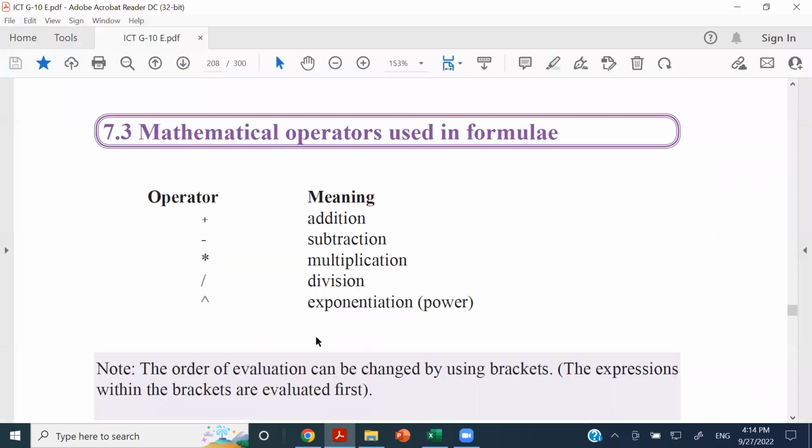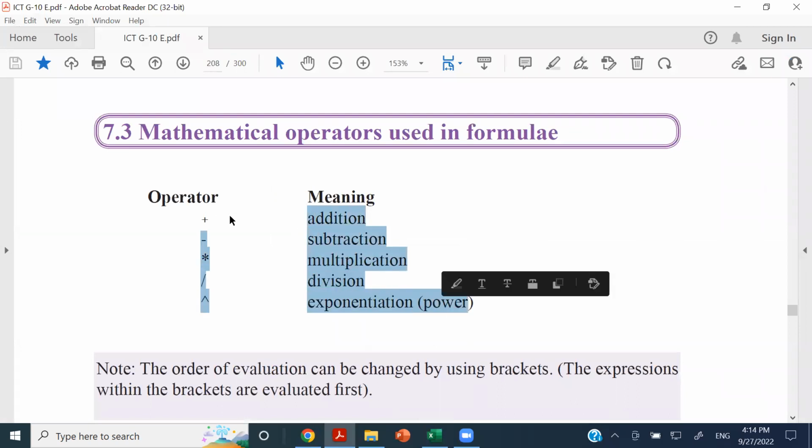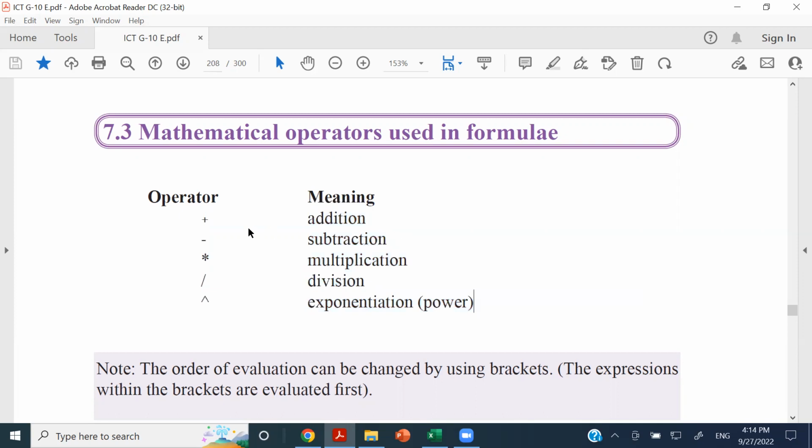So here in your book, they have given you the most basic operators for Excel, because those are the ones that you are using inside your syllabus. So it is nothing much. You know the addition symbol, you know the subtraction symbol, and for multiplication they use the asterisk or a star.